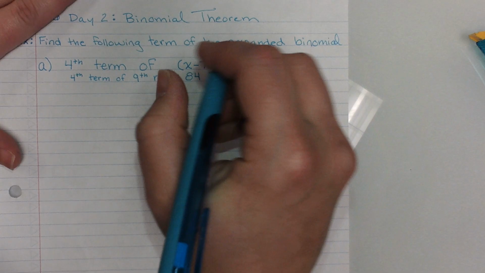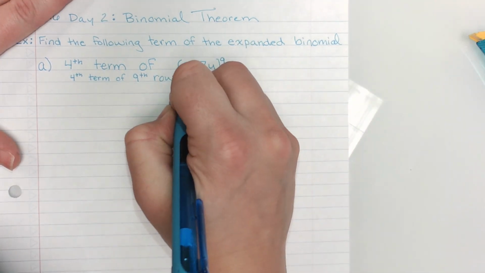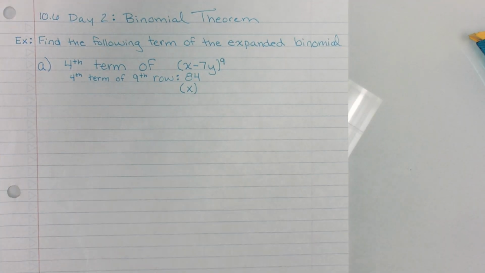Now, as for the x, it will typically be to some power. On the very, very first term of an expanded binomial, what power does it start to? The first part starts to the power of 9. On the second term, it would be to what power?